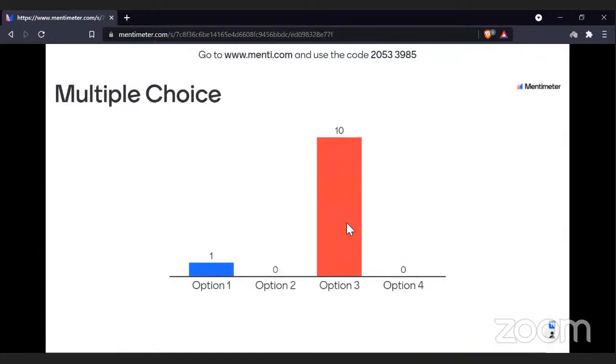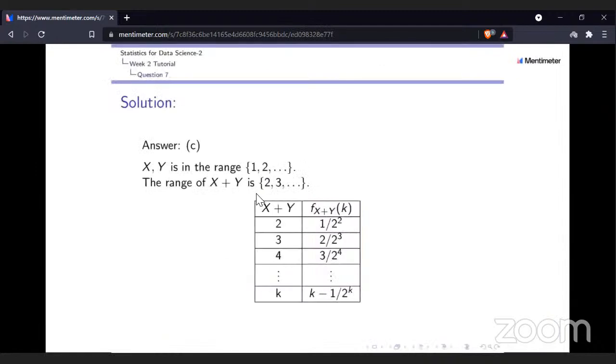As we can see in this question, x and y are in the range of 1, 2, 3, 4, and so on. And the range of x plus y will start from 2, because the minimum is 1 plus 1, which is 2. So 2, 3, 4, and so on.